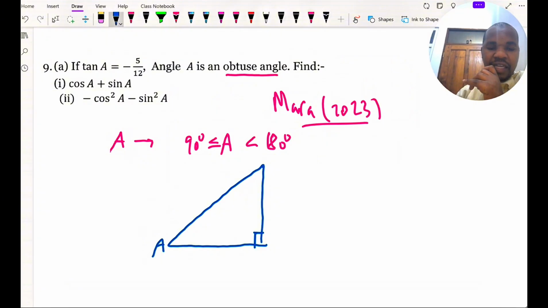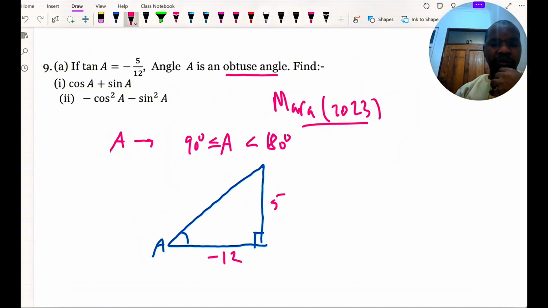So here you'll be having angle A, and the horizontal adjacent side is going to be -12, while the opposite side is going to be 5.